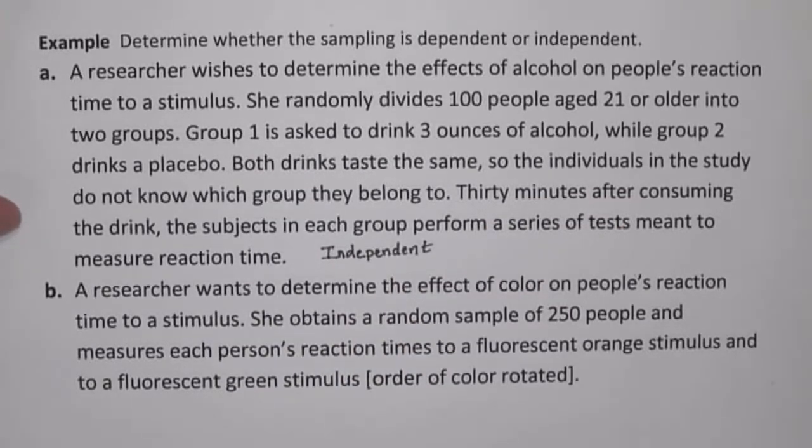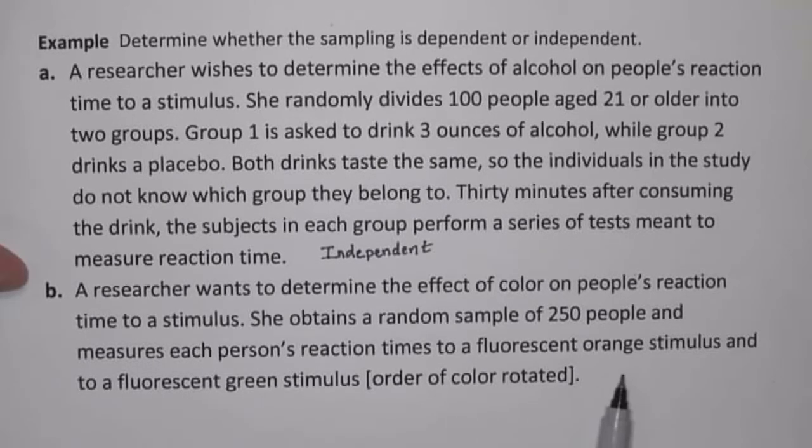Let's look at Part B. A researcher wants to determine the effect of color on people's reaction time to a stimulus. She obtains a random sample of 250 people and measures each person's reaction times to a fluorescent orange stimulus and to a fluorescent green stimulus, order of color rotated.